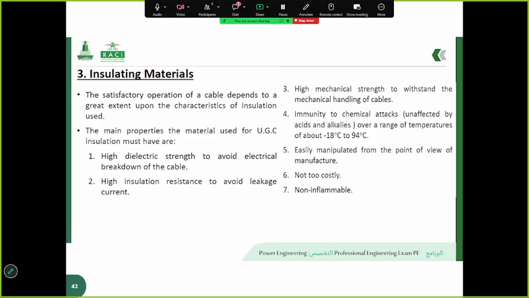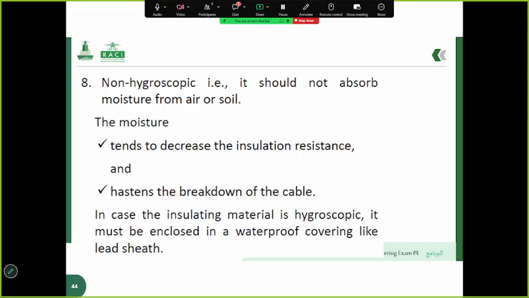From a physical and chemical standpoint, the material needs high mechanical strength to withstand the rigors of handling and installation, and it must be immune to chemical attacks from acids and alkalis over a wide range of temperatures.